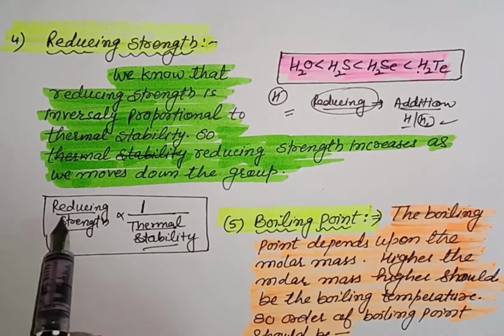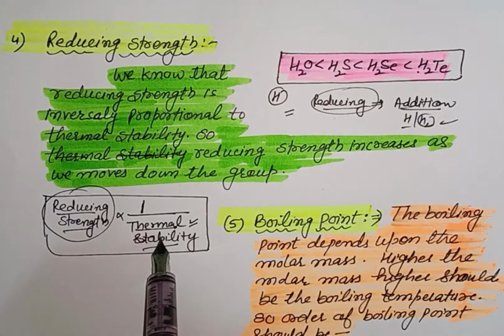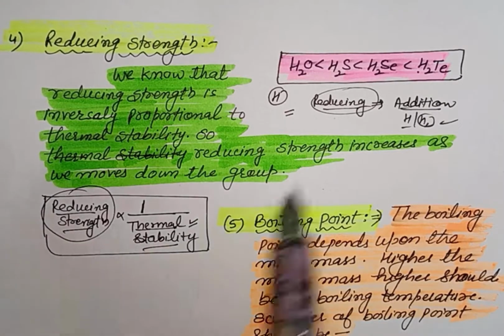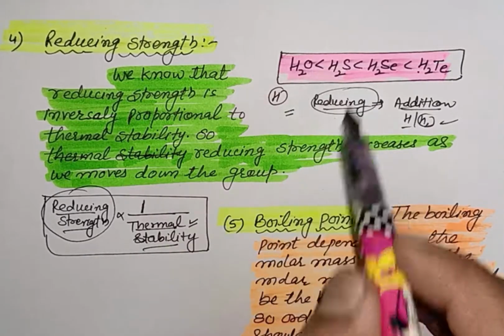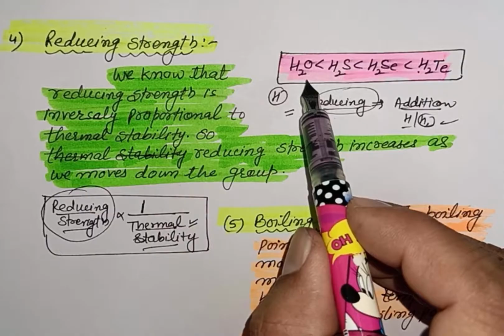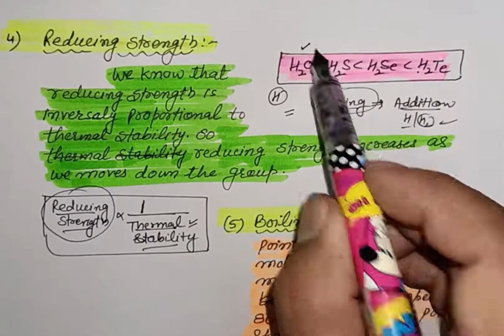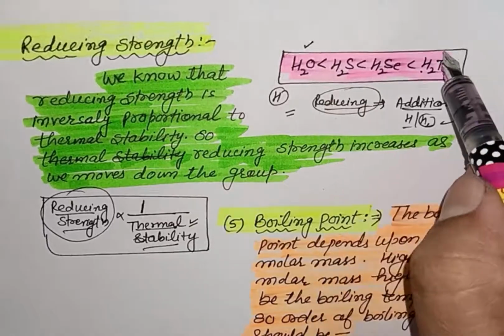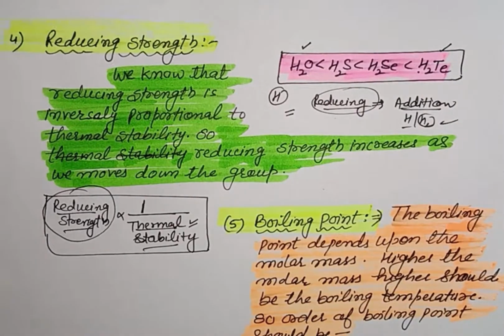The reducing strength is inversely proportional to the thermal stability. As the thermal stability decreases, the reducing strength increases. Since thermal stability decreases down the group, the reducing strength of the hydrides of group number 16 increases as we move down the group. So water has the least reducing strength, and H2Te is the most reducing among the hydrides of group number 16.